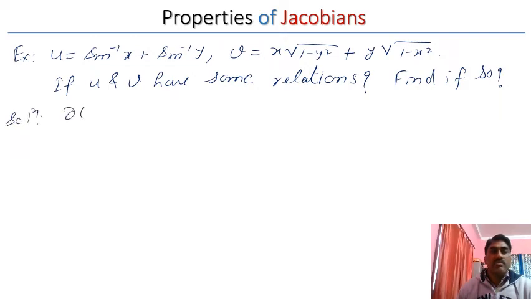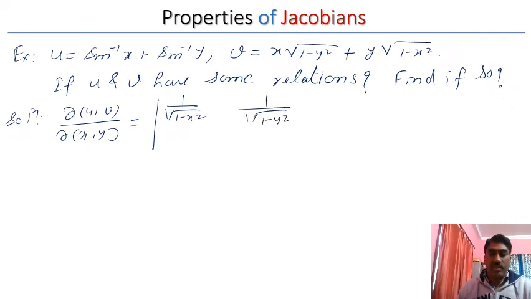So first we will find the Jacobian of uv with respect to x and y. And you can see it is not very tough to find. del u by del x is 1 by square root of 1 minus x square, and 1 by square root of 1 minus y square.